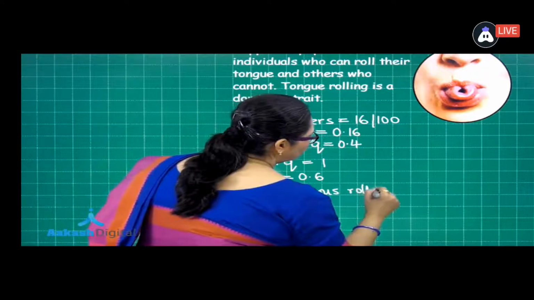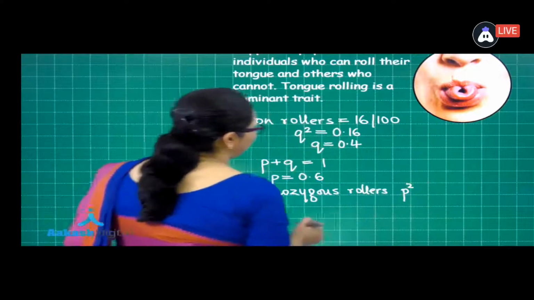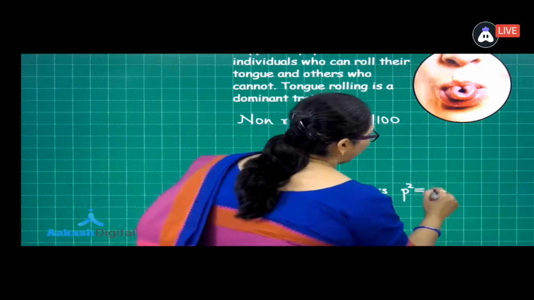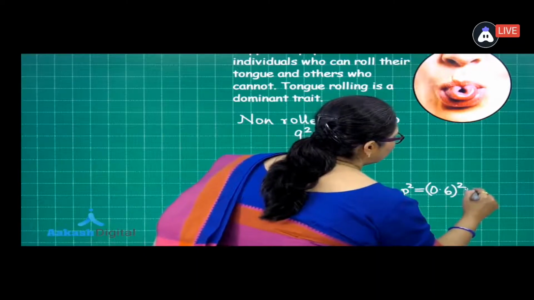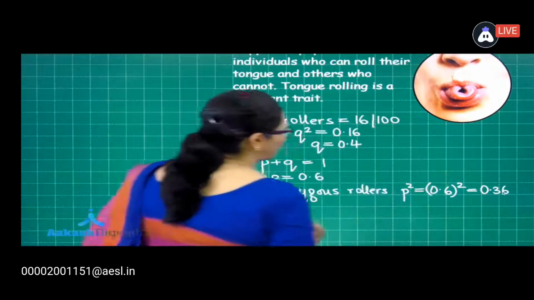Homozygous rollers, for this we require p square, and we have just calculated the value of p, that is 0.6 whole squared. This will give us 0.36.